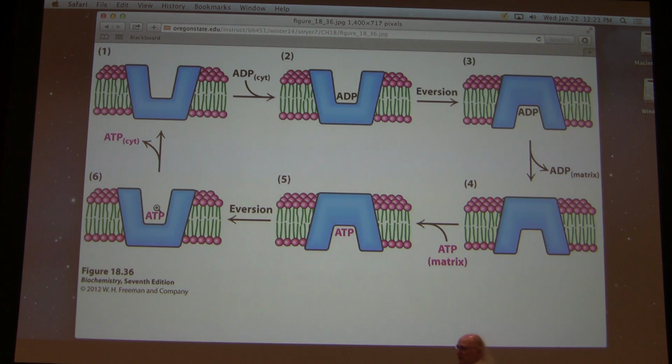Let's think about those people that took the 2,4-dinitrophenol. The people that took the 2,4-dinitrophenol poked holes in their mitochondrial inner membrane. What happened to the proton gradient? Gradient went down. What happened to their electron transport? Nothing to stop electron transport.